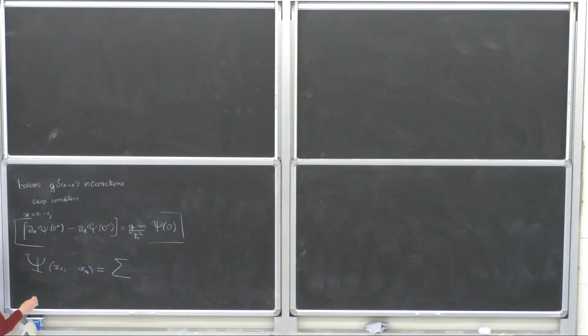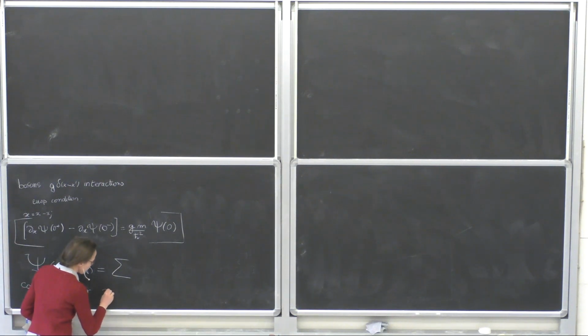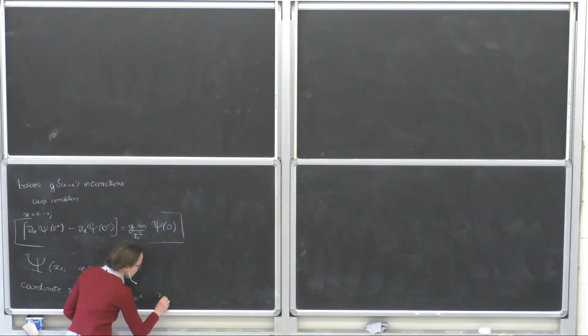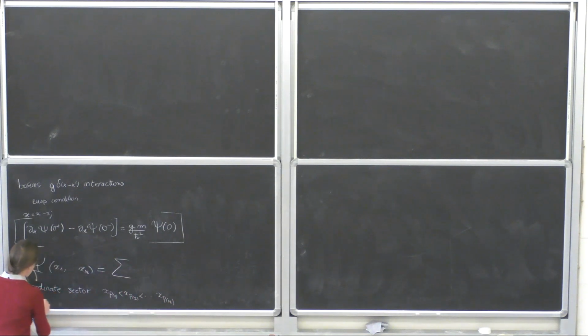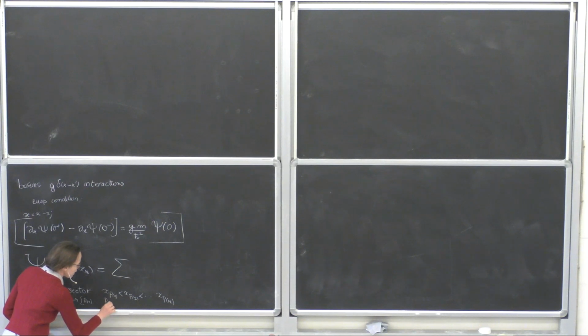And let me remind you that coordinate sector means an ordering of the particles according to the permutation of their indices. So for example, x of p of 1 is smaller than x of p of 2, etc., smaller than x of p of n, where p is the permutation that brings the integers 1 to n to another sequence, p of 1 to p of n.